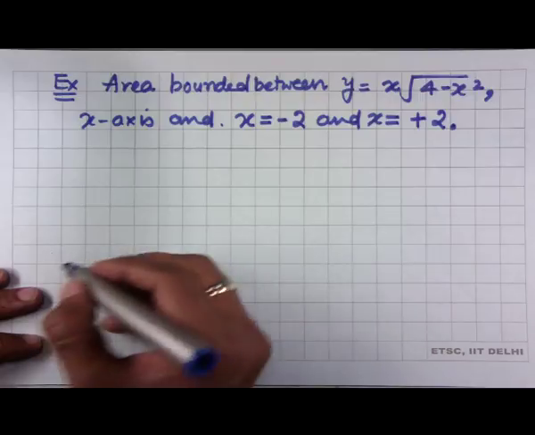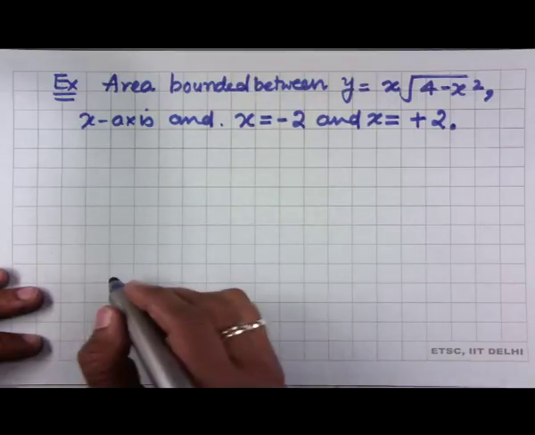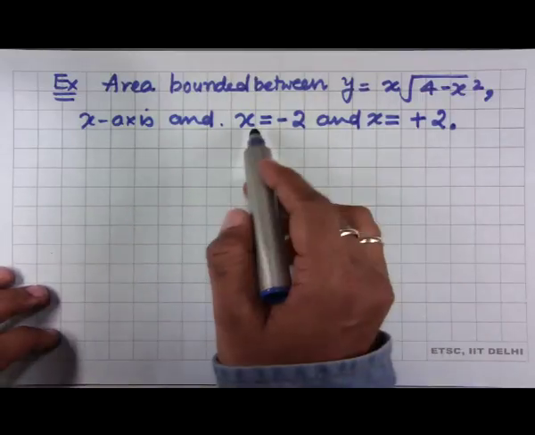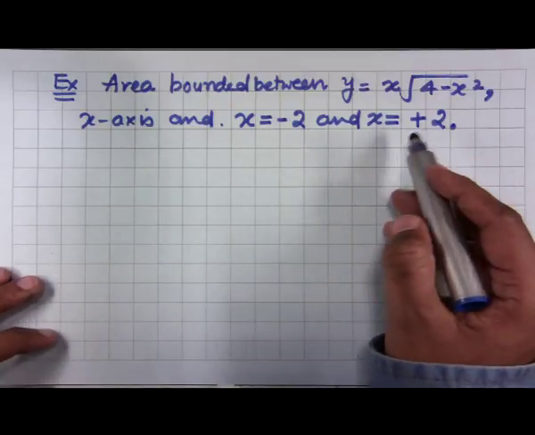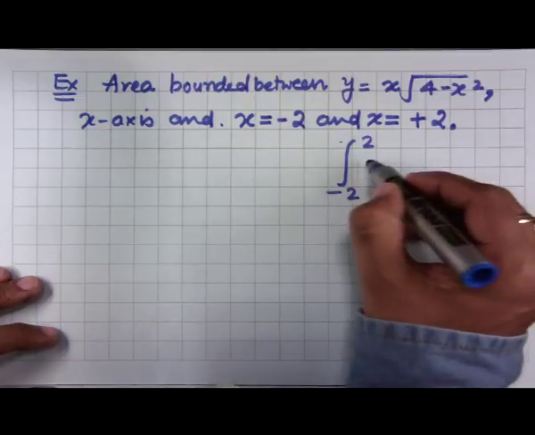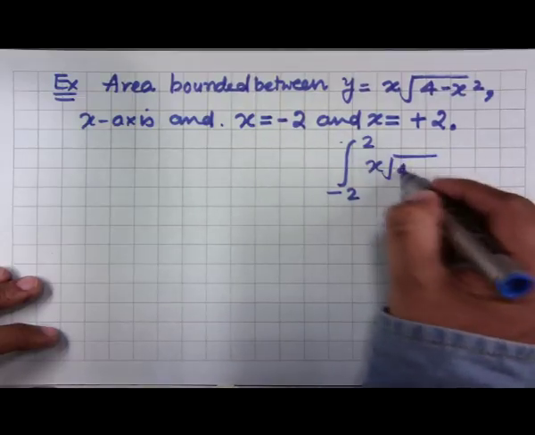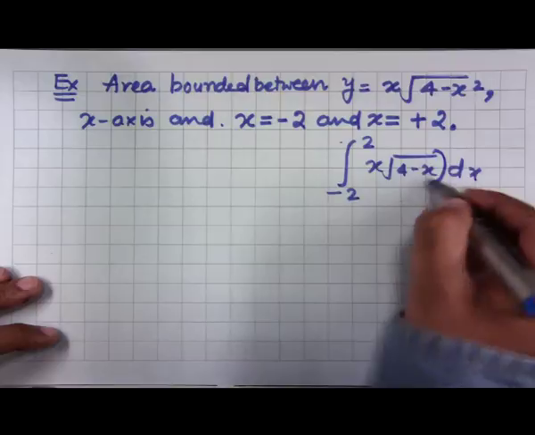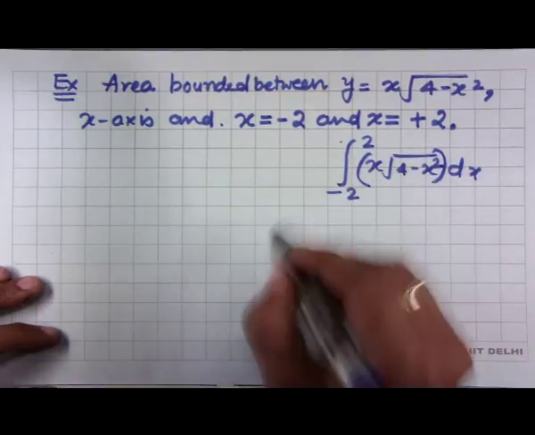So at the very first instance, it seems that since the area is bounded between minus 2 and 2, if you integrate x root 4 minus x square dx from minus 2 to 2, you will get the value of the integral.